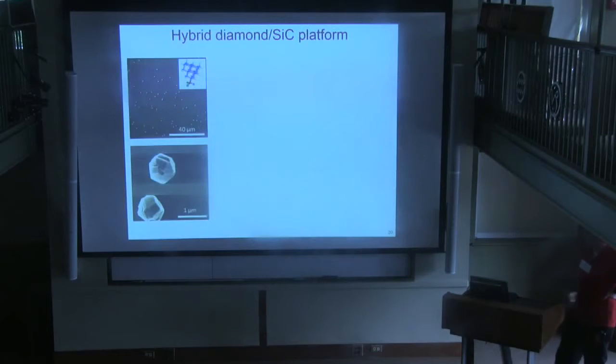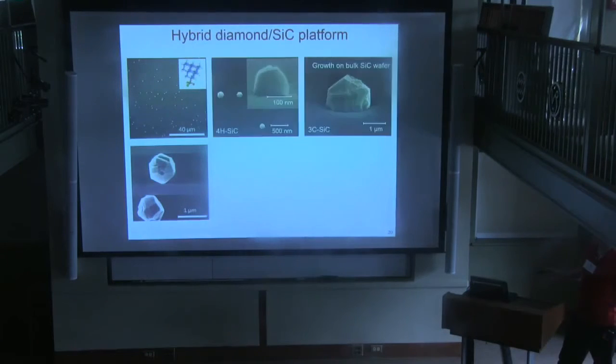So now that we have silicon carbide as an interesting material system, we also try to build a hybrid approach between silicon carbide and diamond, because of all those well-known quantum emitters in diamond. And for that approach, our collaborators at Stanford managed to grow nanodiamonds on silicon carbide by CVD growth of diamondoids that consist of just a few carbon atoms.